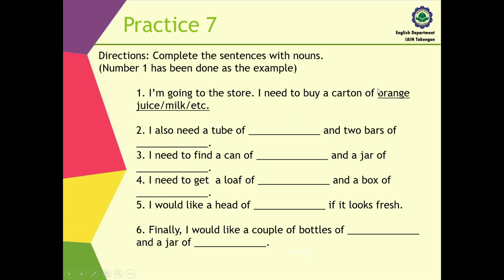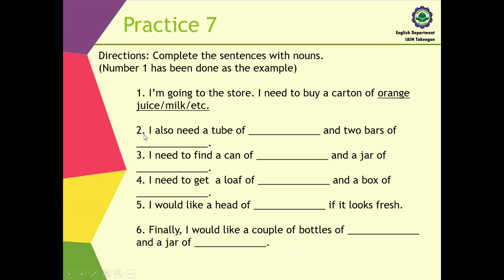The measurement is already in the sentence. For example, number 1, a carton. So what is the appropriate word for the measurement of a carton? It could be filled with orange juice or milk.